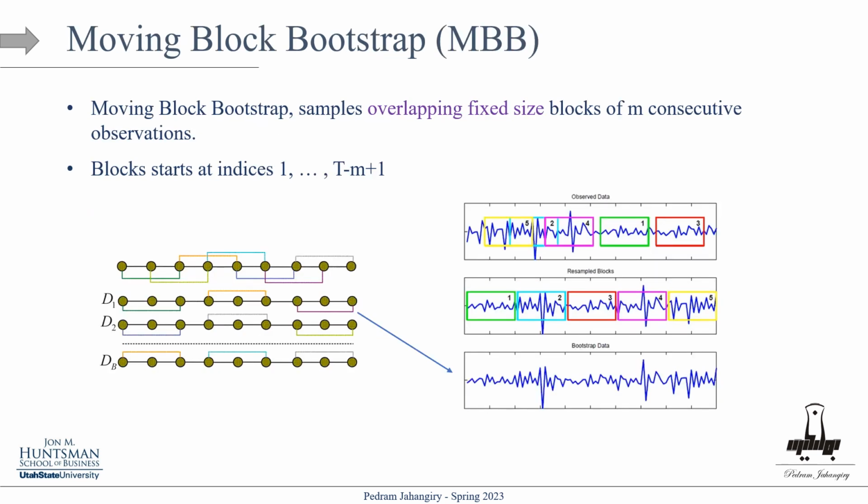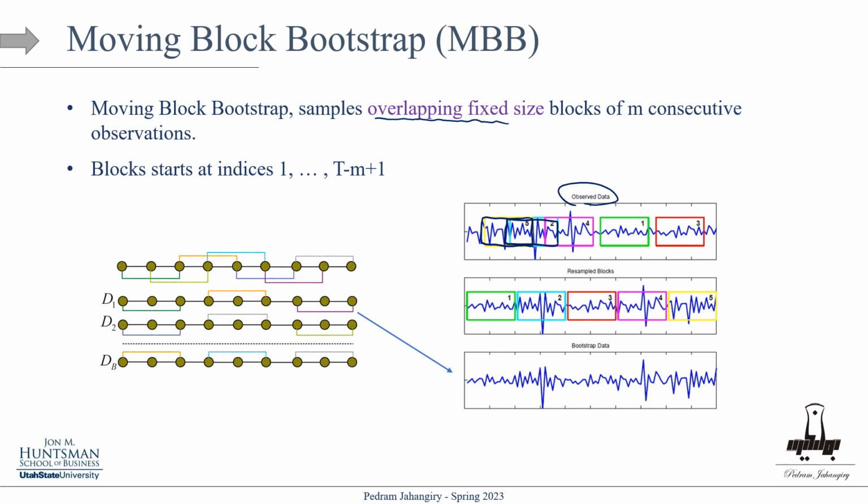Okay, so the first one, moving block bootstrap, MBB. MBB samples overlapping fixed size blocks, of size m, of m consecutive observations, right? So imagine this is our observed data, and we are dealing with overlapping fixed size blocks. This is one block, here's another block, you get the idea, different colors, right?